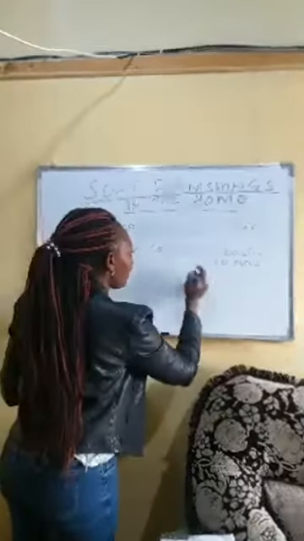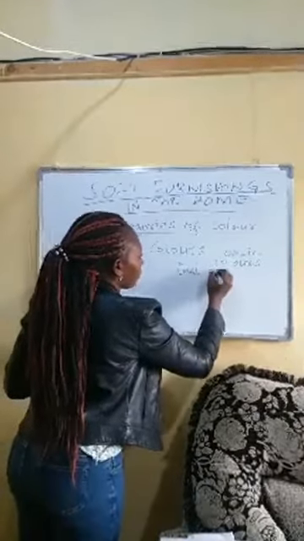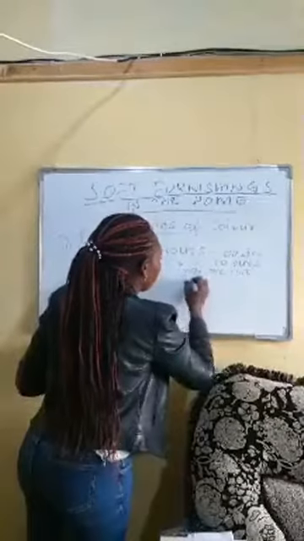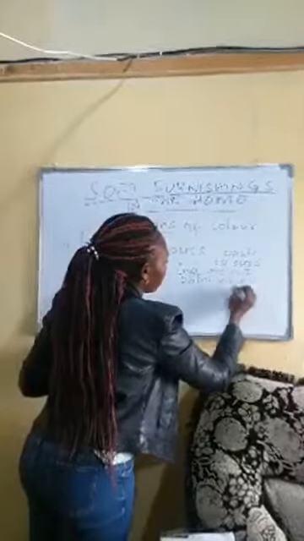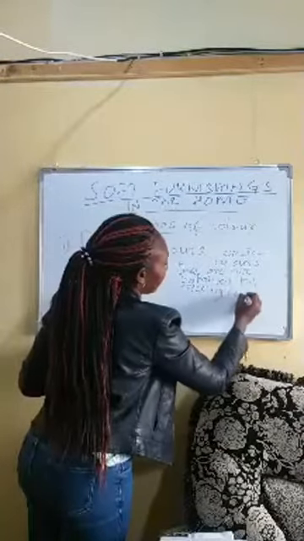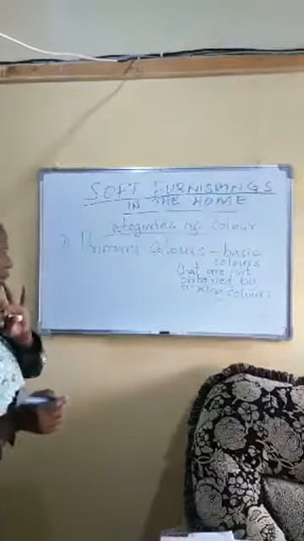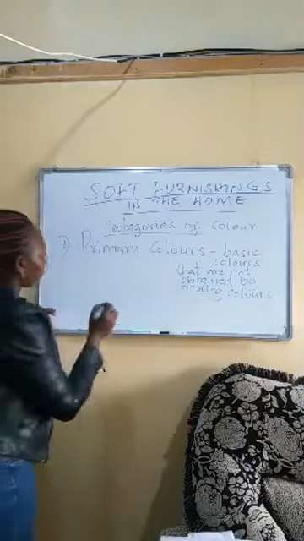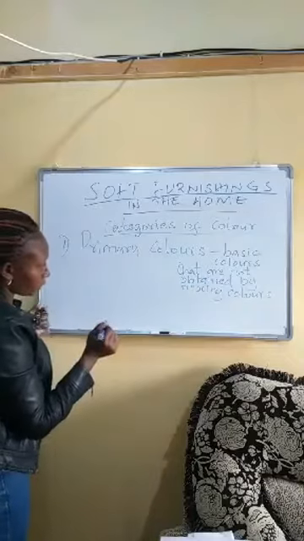So they are basic colors that are not obtained by mixing colors, and there are three of them. Even if you try mixing whichever color you want to, you cannot get them.